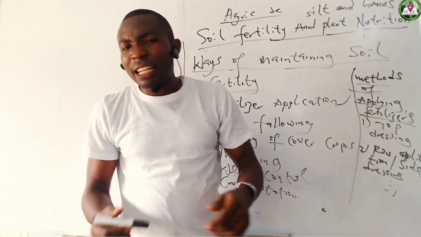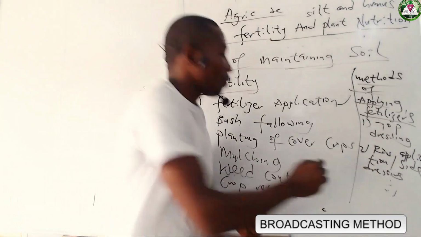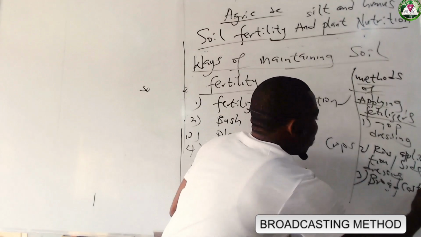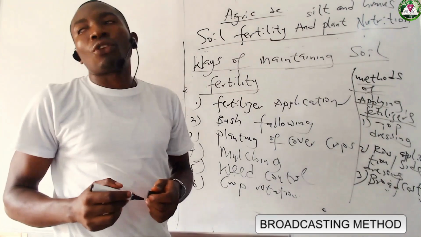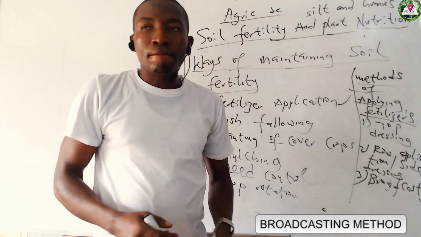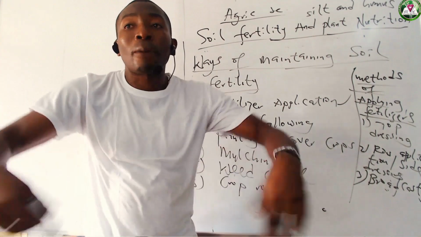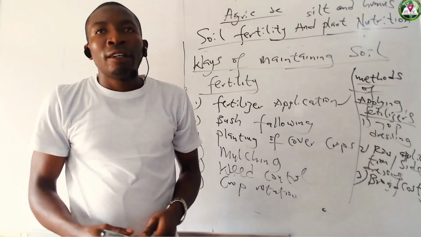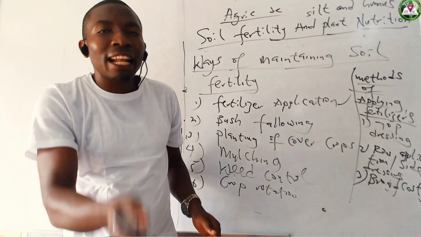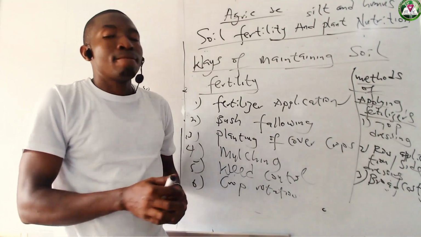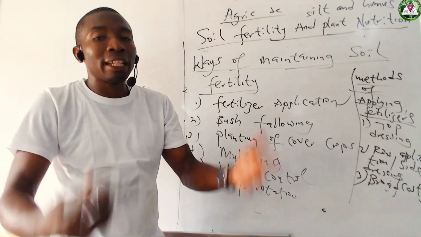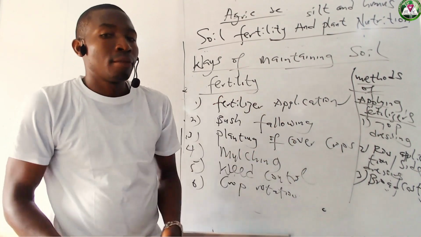Another method of fertilizer application is the broadcasting method. Broadcasting method has to do with spreading of fertilizers evenly into the farmland before plowing your farm, so that it will be incorporated and mix thoroughly before you start planting.